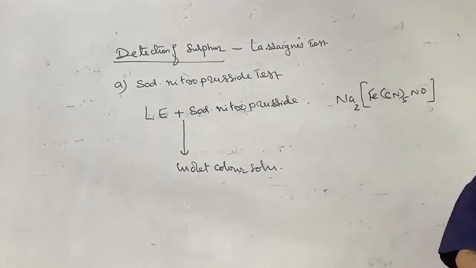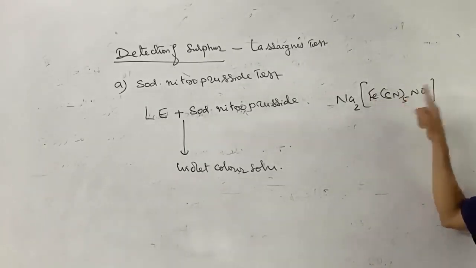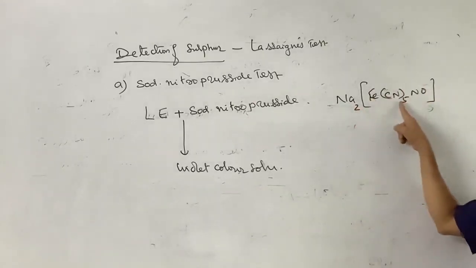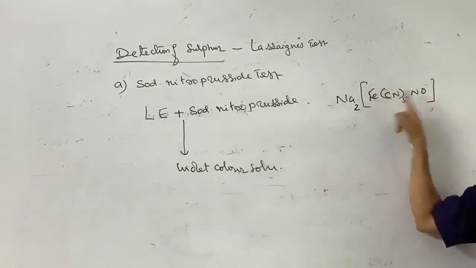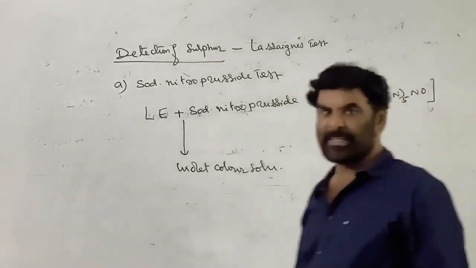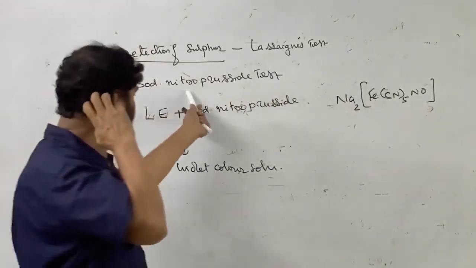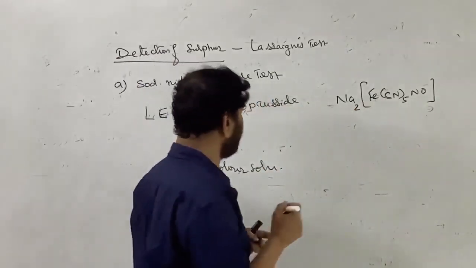Iron is in the +2 state, ferrate(II). This is the complex commercially known as sodium nitroprusside.